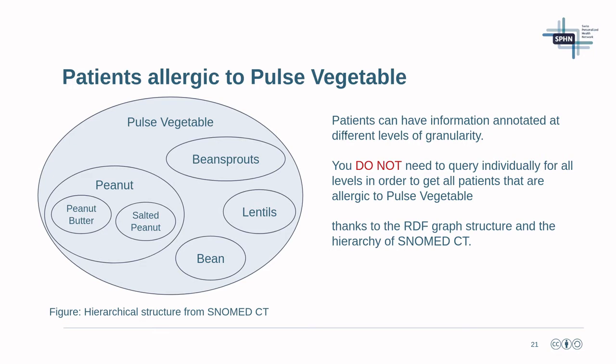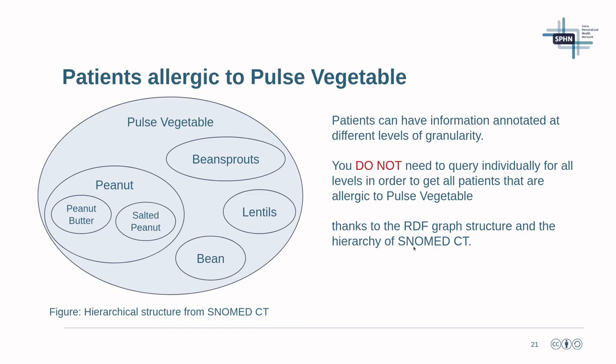So you may note that patients can actually have different levels of granularity being annotated. And if you want to query for patients that are allergic to any type of pulse vegetable, you do not need to query individually for all the levels in order to get all the patients that are of interest.